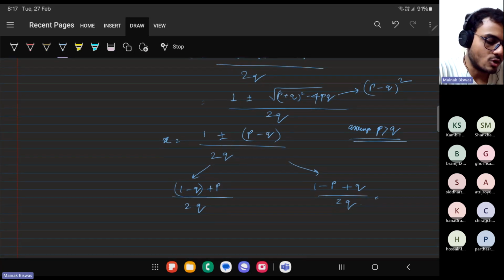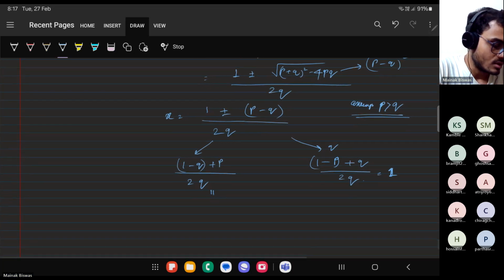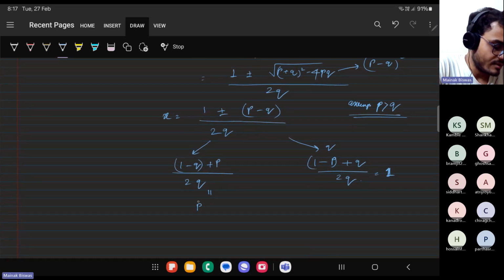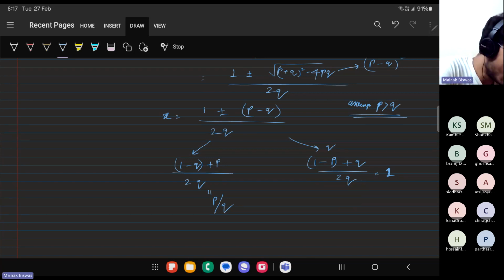So the first is equal to 1, since 1 minus p is equal to q. And the second, since 1 minus q is p, you have this as p by q. Right? This is equal to p plus p, 2p.